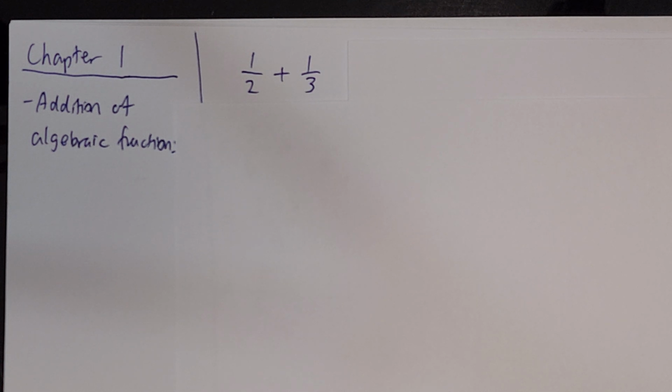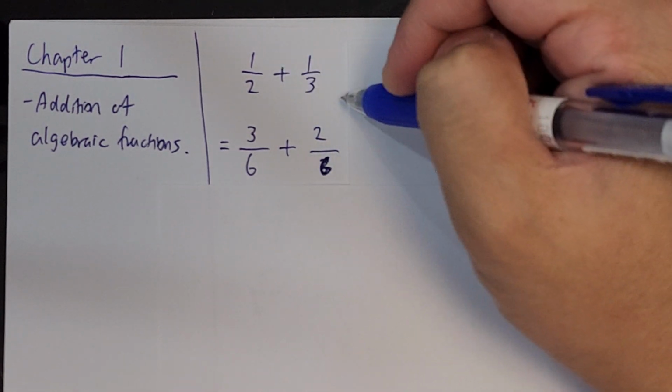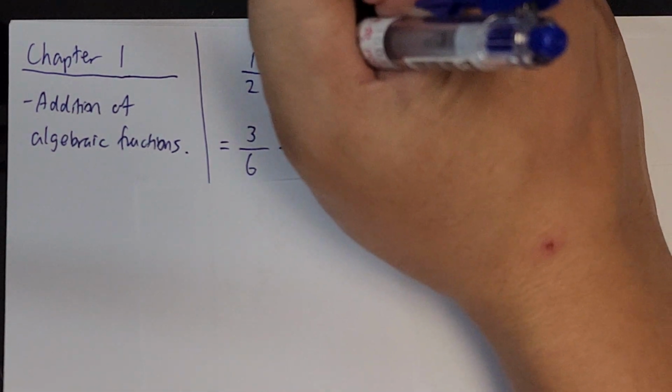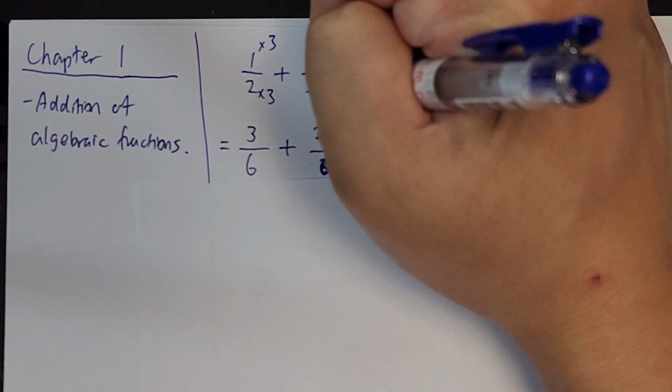Half plus 1/3. Let's recall how we do this without the use of a calculator. I'm sure you will have some memory. What we do is we multiply the denominator of the other fraction to the numerator as well as the denominator.